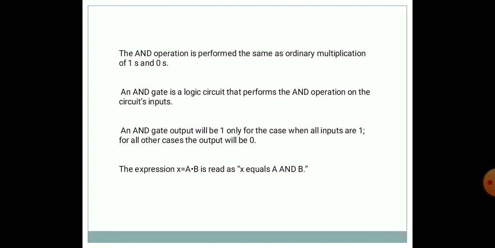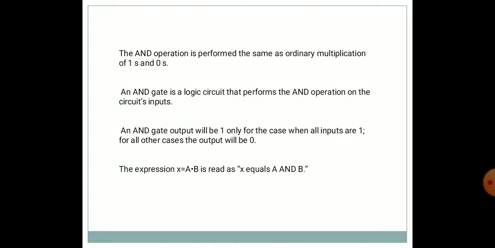The output will be 1 only if both inputs A and B are true, and in all other cases the output will be 0. The expression x equals A dot B is read as x equals A and B. The dot is also used to indicate the AND operation.